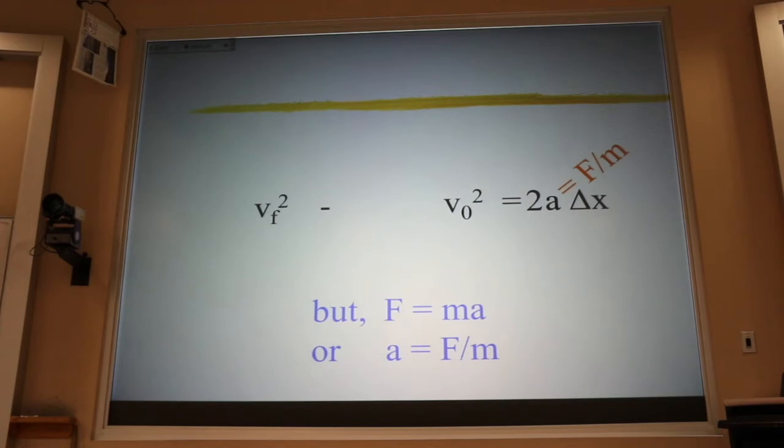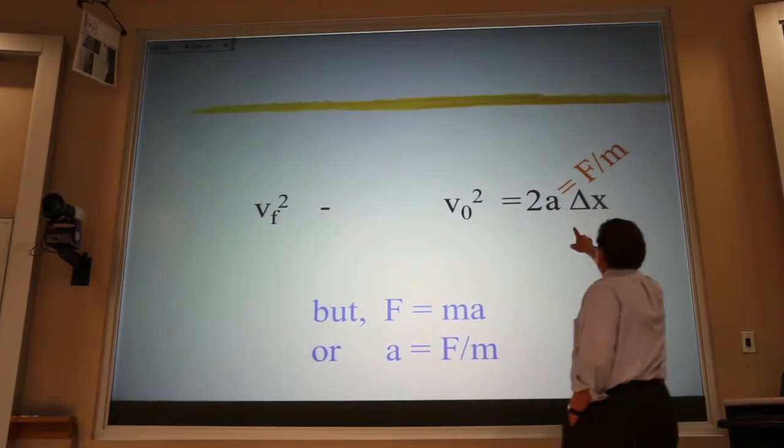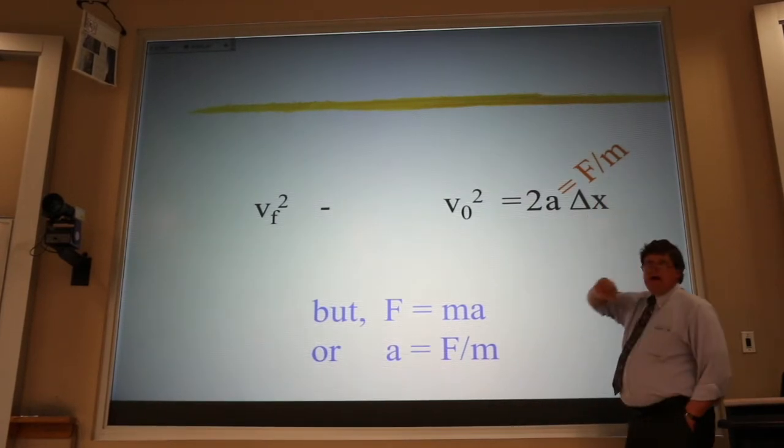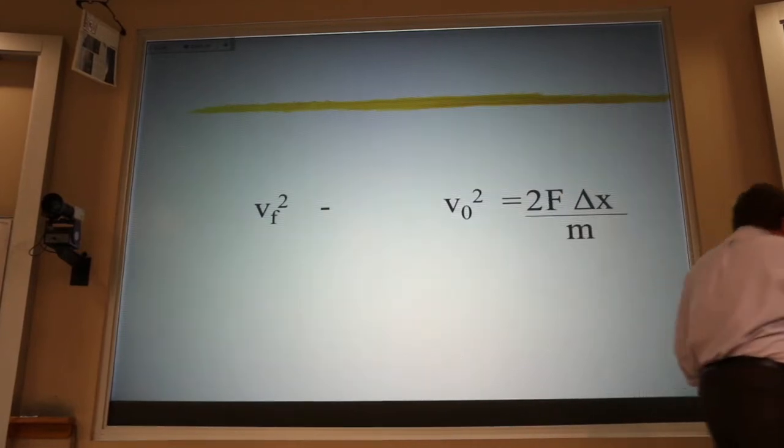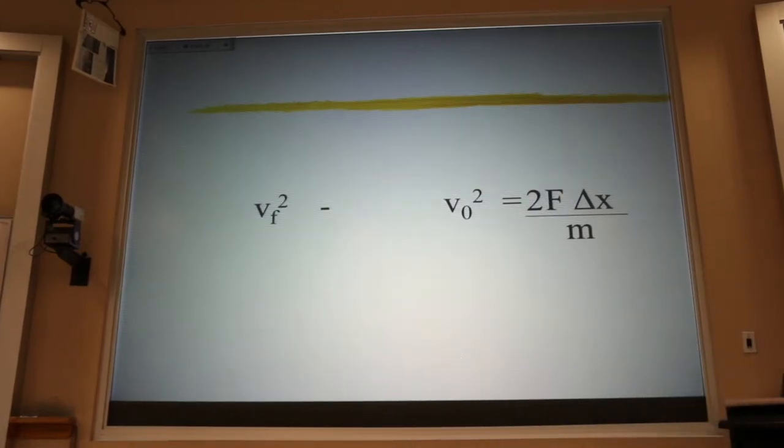If I replace the acceleration in this formula with the force over the mass, it looks like this. Now I'm going to use that real estate. I'm going to get that m out of the basement by multiplying both sides of the equation by m. I'm then going to get rid of that 2 on the right by dividing both sides of the equation by 2.